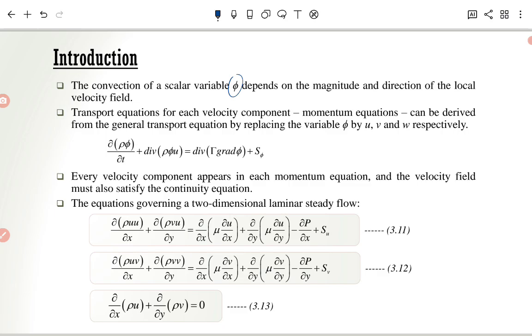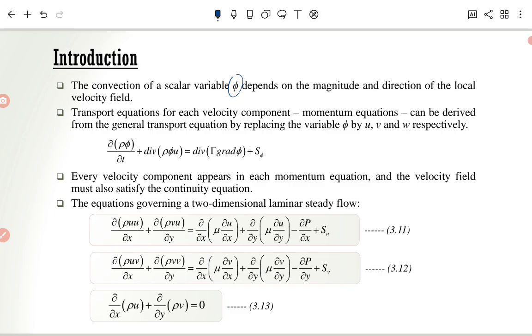To develop our method in the previous chapter, we basically assumed that the velocity field was somehow known, but in general the velocity field is not known and emerges as part of our solution process along with all the other flow variables. So in this chapter we will look at the most popular strategy for computing the entire flow field.